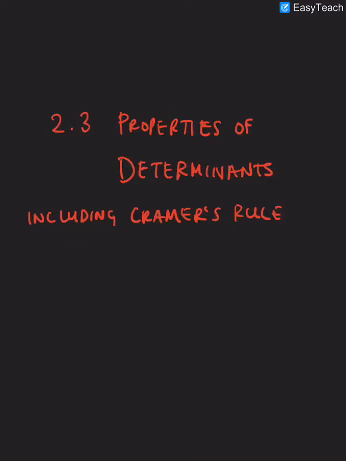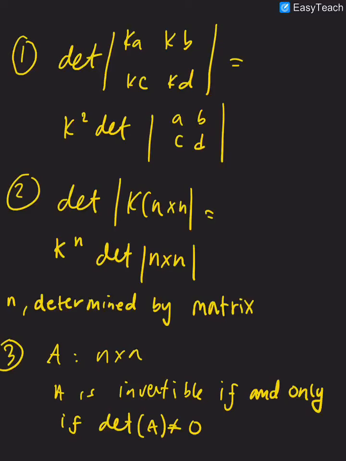So today we're going to be talking about the properties of determinants, and we're also going to include some Cramer's rule. So let's get into it and start discussing some of the properties. We have this first property, and it's going to be the determinant of Ka, Kb, Kc, Kd.